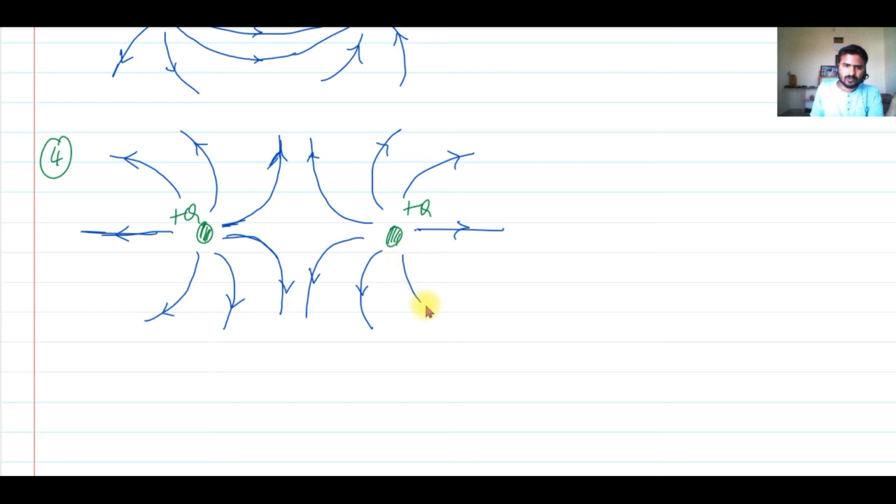So that's how the electrical field lines will look around two positive charges.